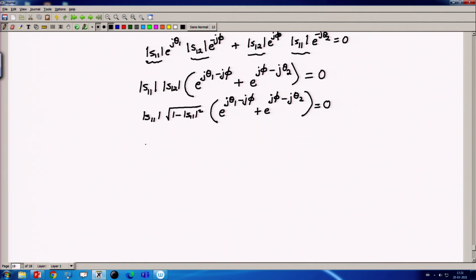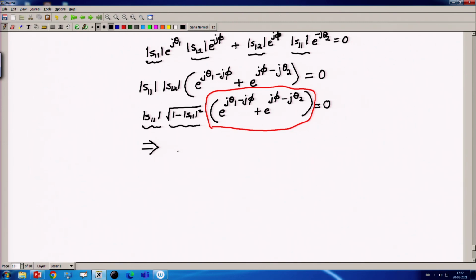Now, this implies, because neither of these quantities are 0, this quantity must be 0.